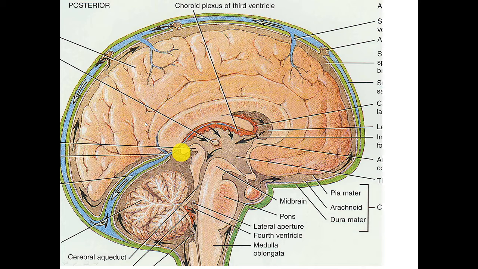So humans are diurnal. We want to be up in the day and asleep at night. And the reason for that is this melatonin production. When it's dark outside, we're going to be producing melatonin. That comes from this pineal gland. All right. So that is another part of our diencephalon.